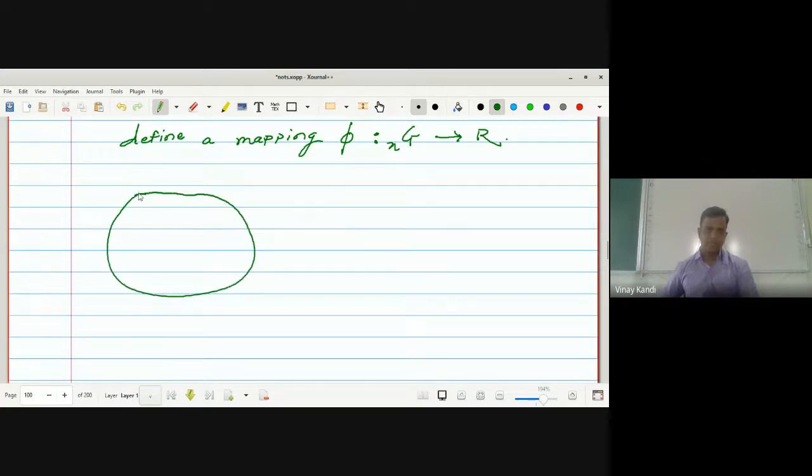This is x. This one is the orbit of x in capital X under this G. Okay, what is R? Right cosets. That means each of your elements here will be of the form G by Gx.